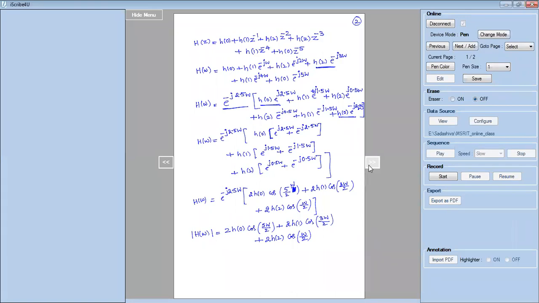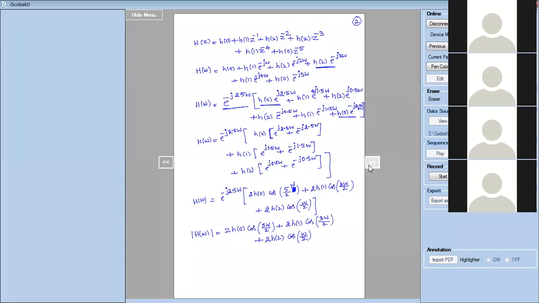Let me consider the magnitude of h of omega at omega equal to 0. What will it be? Can anyone find? It is 2 times h of 0 plus h of 1 plus h of 2.